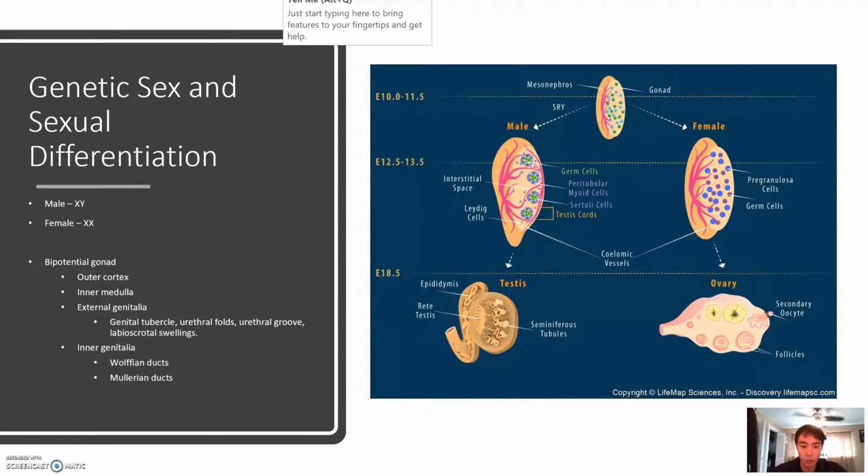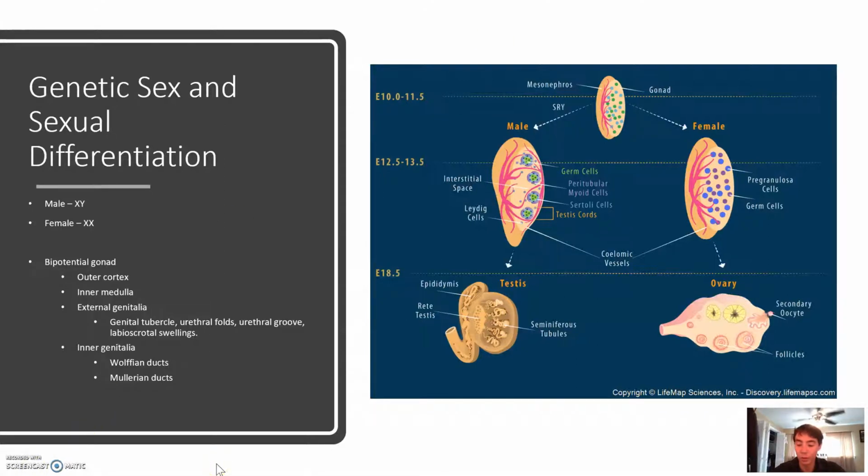The bipotential gonad is what the embryonic tissues are called before they have differentiated into male or female tissues. This consists of an outer cortex, which in the absence of the SRY gene will develop into ovaries, and in the presence of the SRY gene, which is the sex determination region of the Y chromosome gene, will develop into testes.